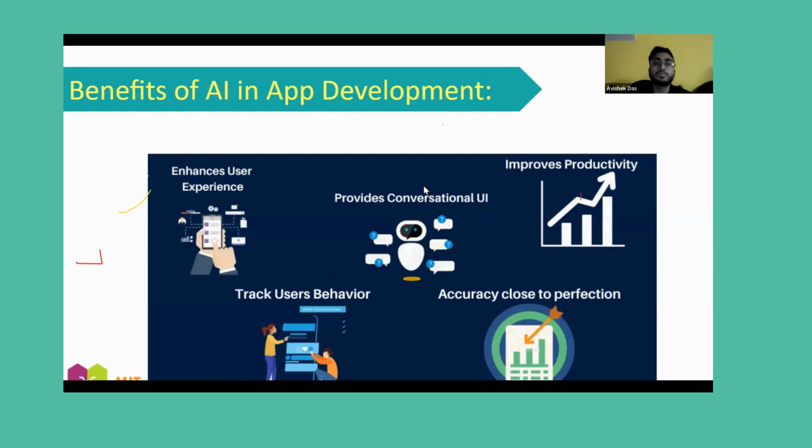In app development, there are two parts. Number one is the user interface. What is the user interface? It is the part that you see, the screen that you see of your apps. That part where the user sees it is the user interface part.